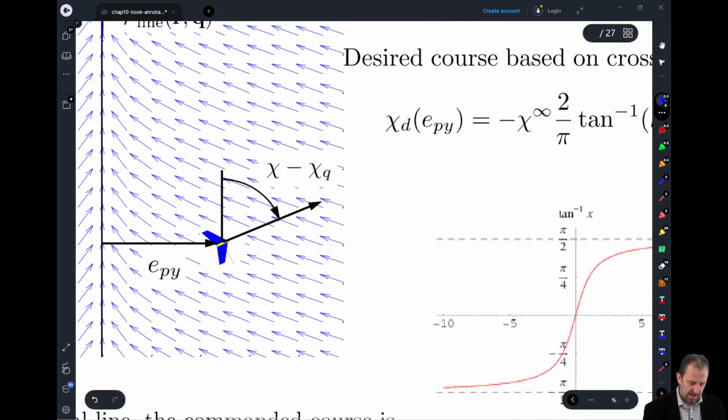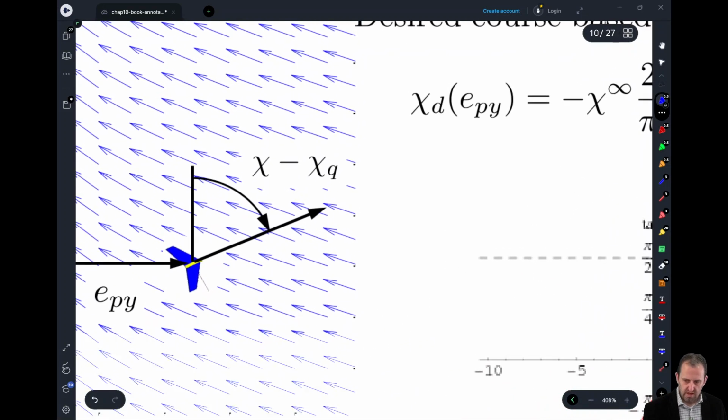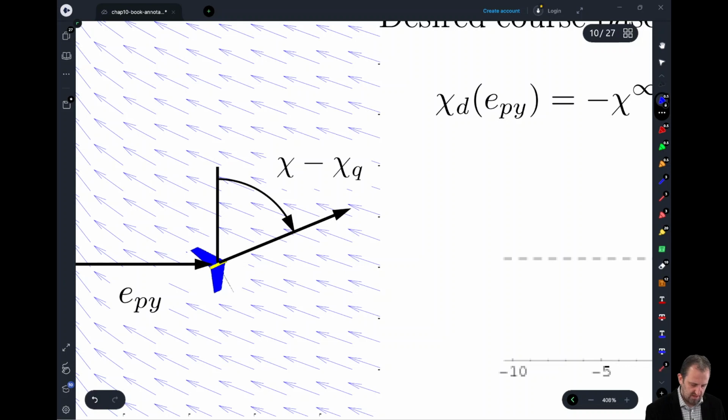If we look at the aircraft, we're pointing it, this angle is our χ minus χ_q. So in other words, we took, say, north was pointing in this direction. This would be our χ, and this would be χ_q.